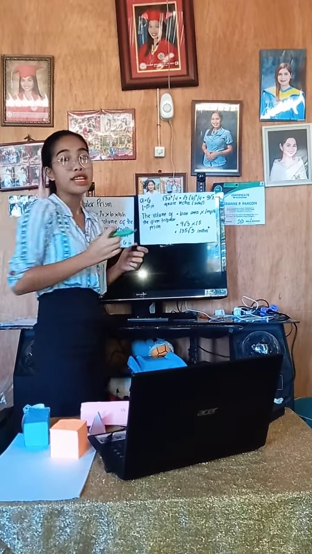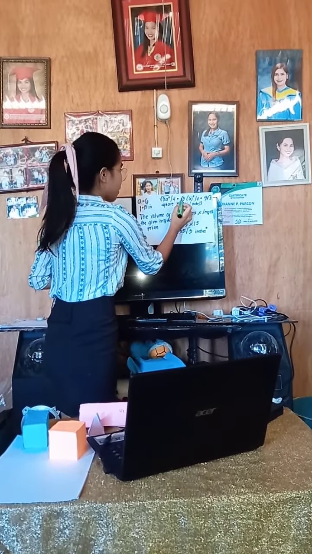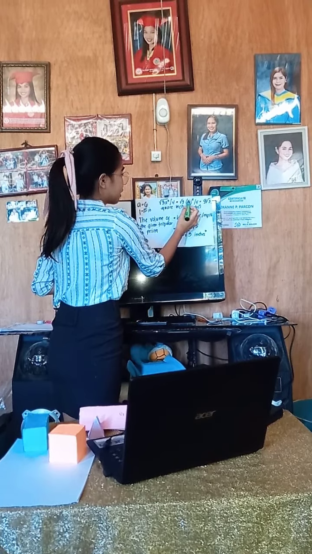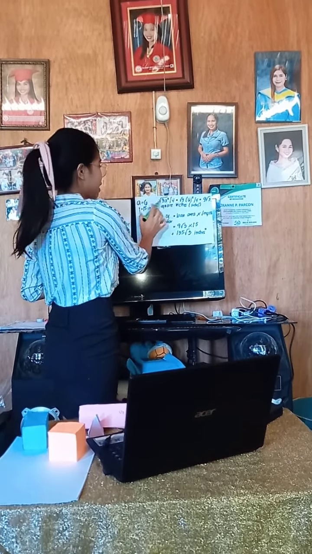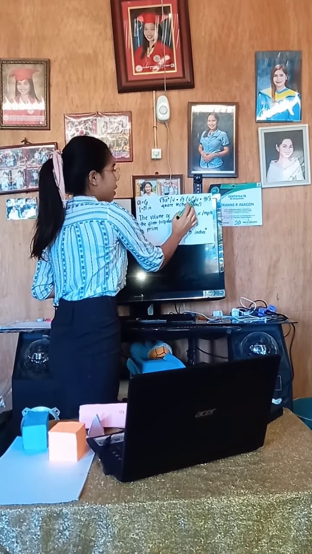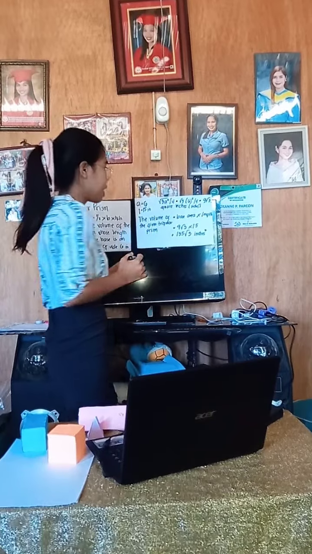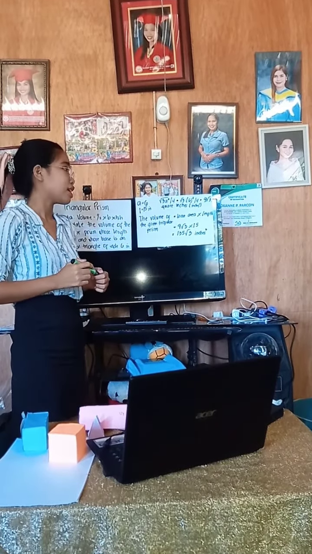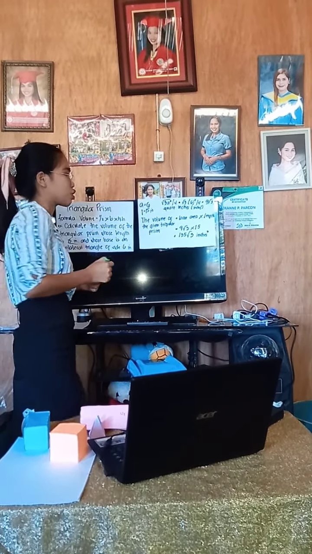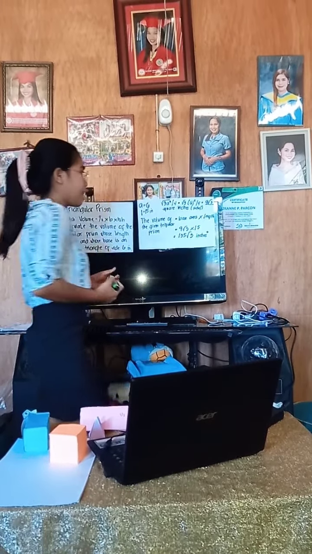Then we substitute the values: square root of 3 times 6 squared all over 4 equals 9 square root of 3 inches squared. So this would be our base area.